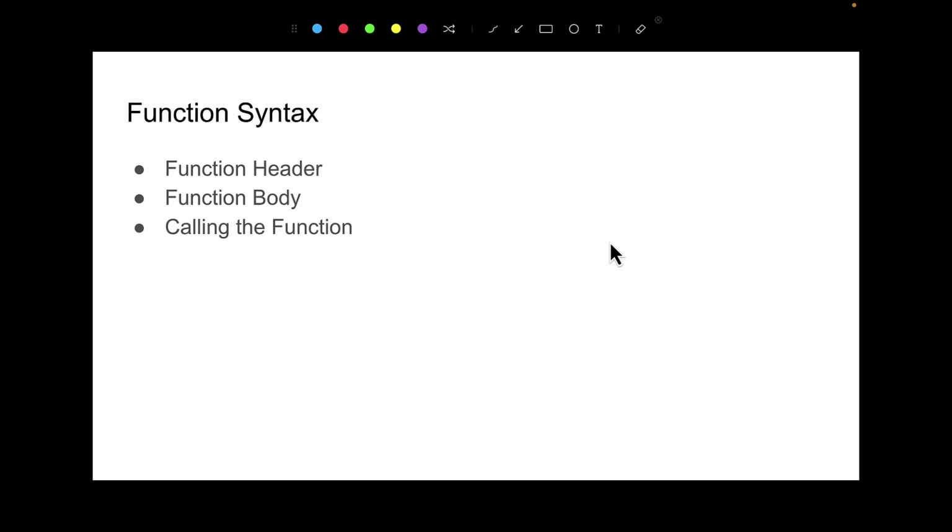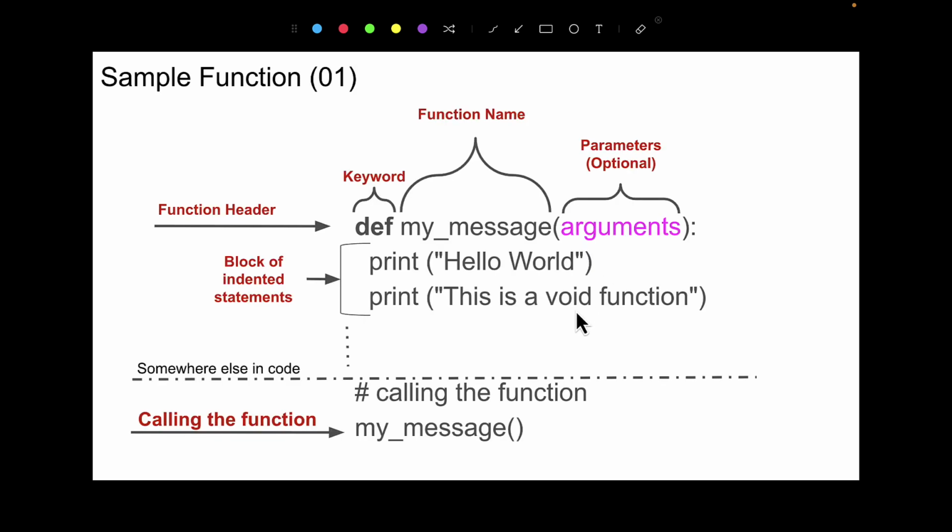So we're going to take a look at the function header, the body, and how to call the particular function. In this example, we're going to look at the structure. We have the keyword def to define that this is going to be a function. And this part right here is where you create a name for your function.